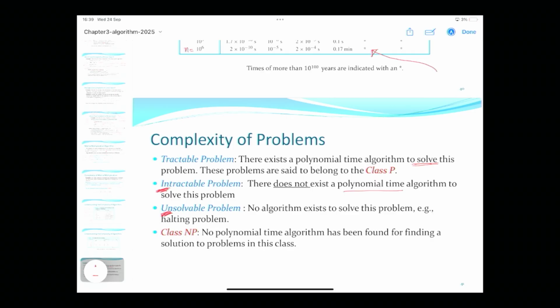Unsolvable is not good, right? That means no existing algorithm can solve the problem. Another one that you will see more and more later on is called the NP class. NP stands for non-polynomial time complexity.